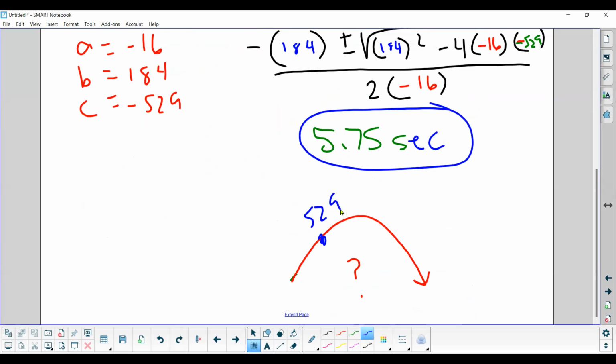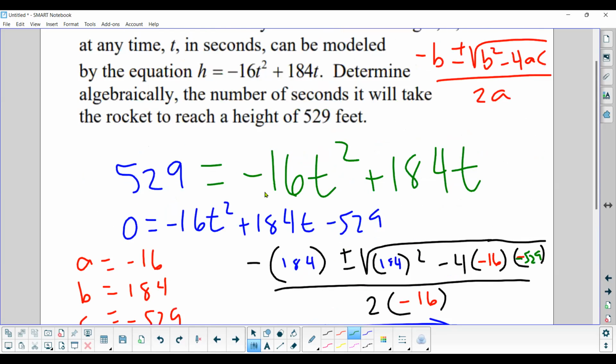I don't know if 529 feet is here or there. It could have been the vertex, but it wasn't necessarily the vertex. The axis of symmetry would have to be the vertex. I didn't do the math to find the vertex for this rocket, but it absolutely could have been that maximum point. But the axis of symmetry would not have been found using the quadratic formula.